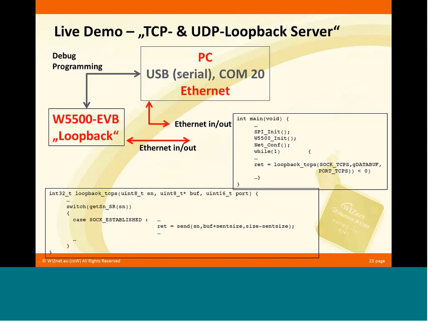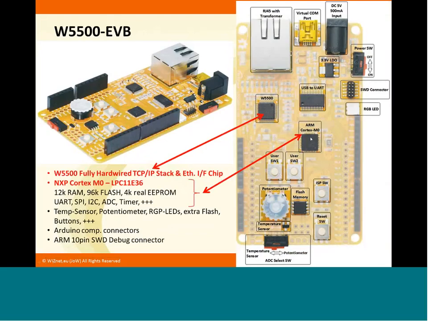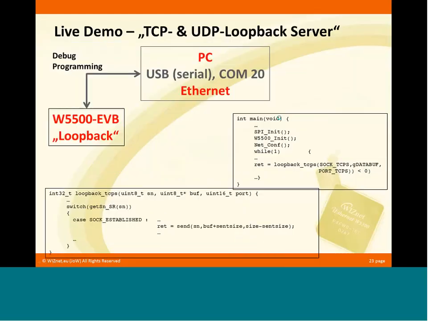In parallel to that, I connect with USB to the serial interface and have a look at the debug messages. What is inside? We have a main loop that is initializing the SPI interface, because of course the connection between the Cortex M0 and the W5500 is SPI.